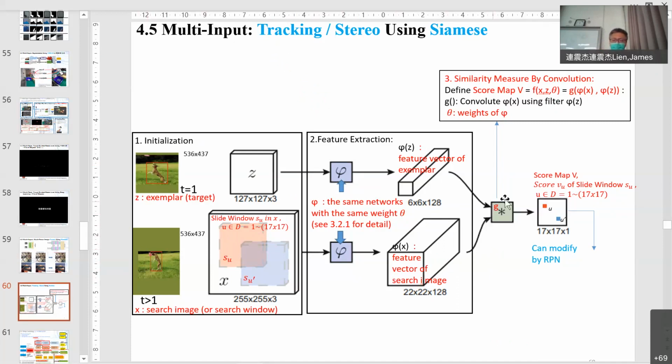Suppose we do template matching here. So originally, we input this one to template matching. This is the template, and this is the search region.